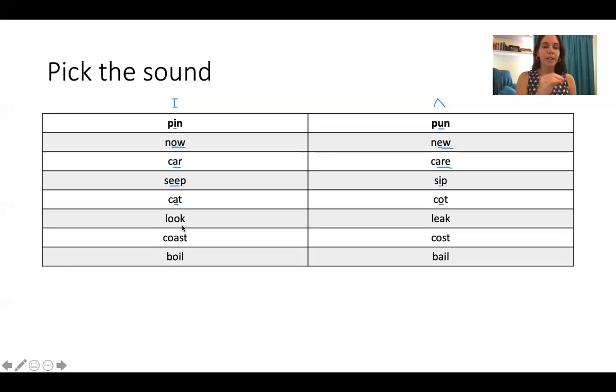Look. L-O-K. Leak. L-E-K. Leak. You'll notice the difference in your mouth when you say them. L-O-K. L-E-K. Look. Leak.